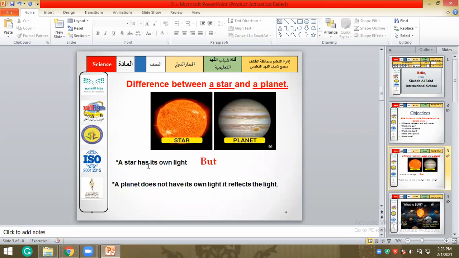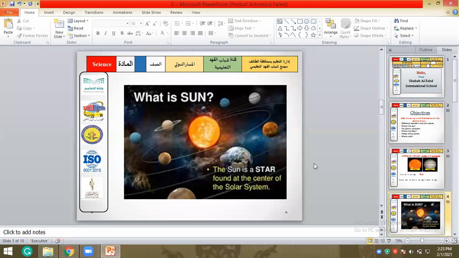A star has its own light. But a planet does not have its own light. It just reflects. The sun is a star because it has its own light. The other planets just reflect the light. The sun is a star found in the center of our solar system.